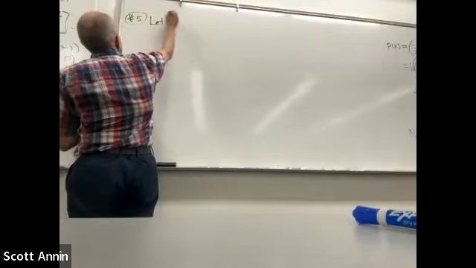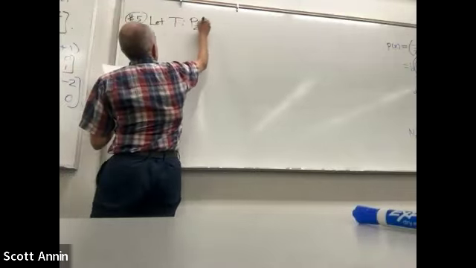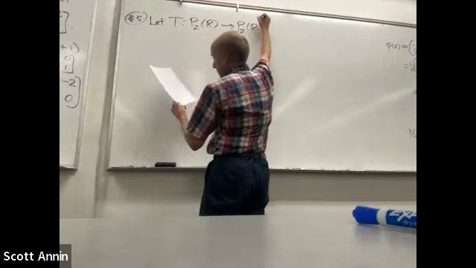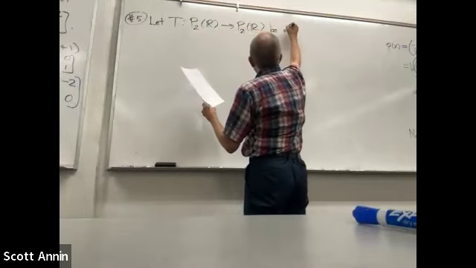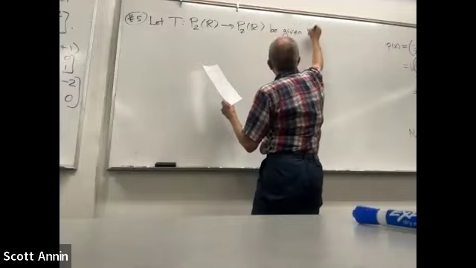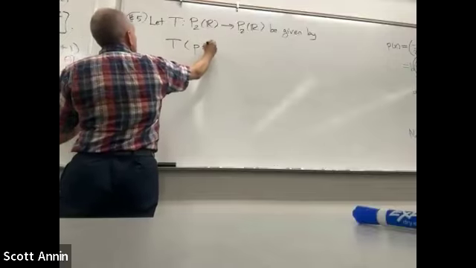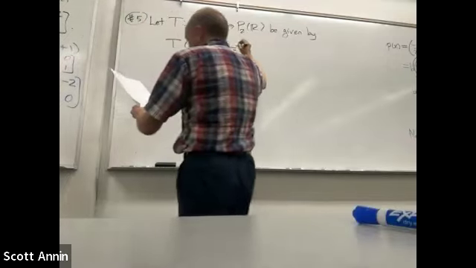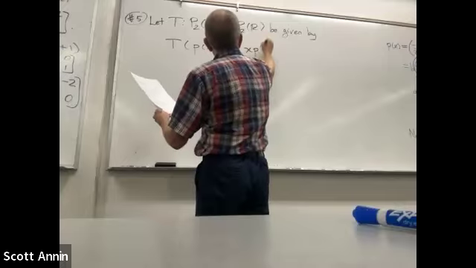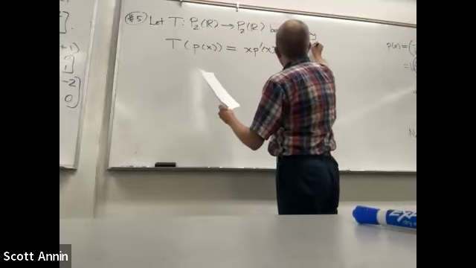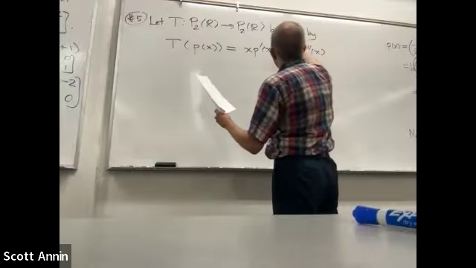Let T go from P2 of R over to P2 of R, be given by T of p of x equals x times p prime of x plus 2 times p double prime of x.